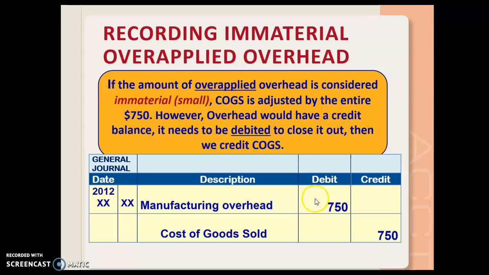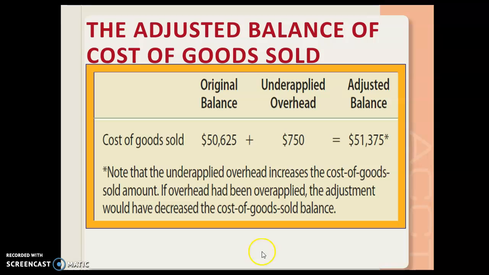You want to make sure that whatever you do to overhead, by the time you get done posting it, you have a zero balance in overhead. Now, if our original cost of goods sold was $50,650, and now we have $750 added to it, we now have $51,370.